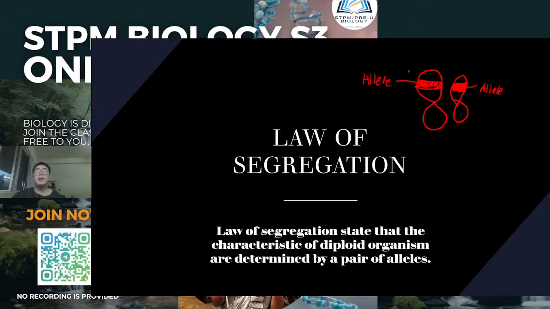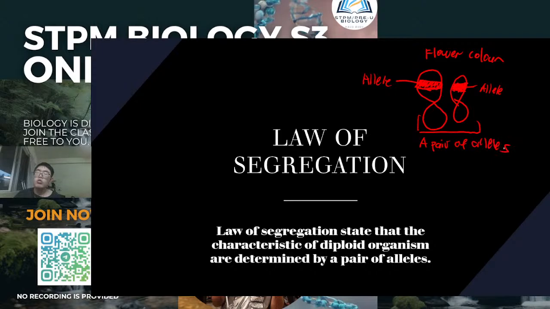If this gene controls flower color, it only controls flower color. It will not control seed shape or the height of the plant. So one characteristic is controlled or determined by a pair of alleles.